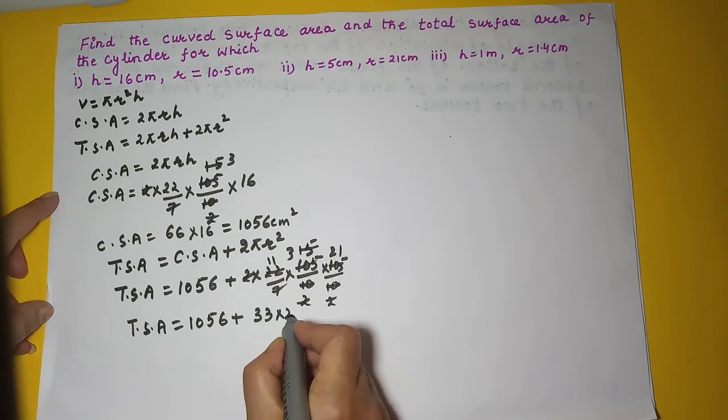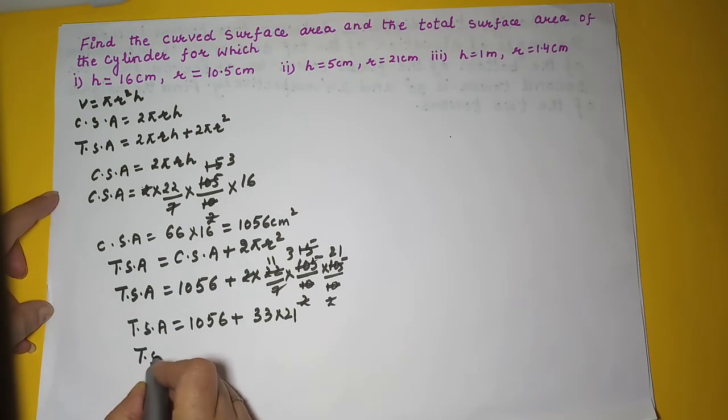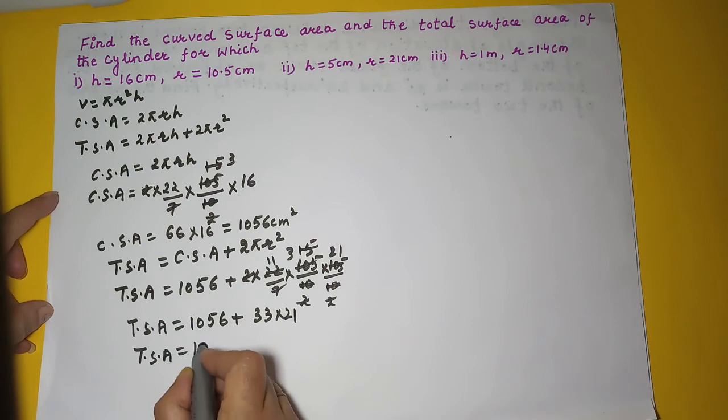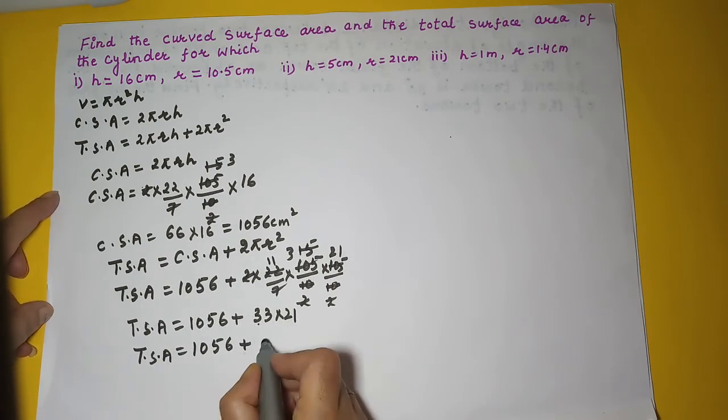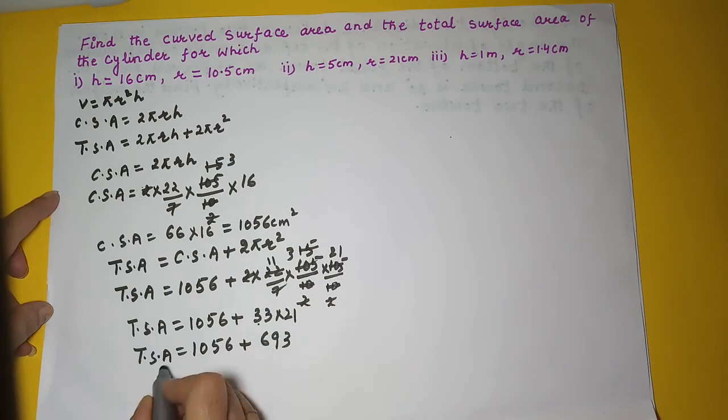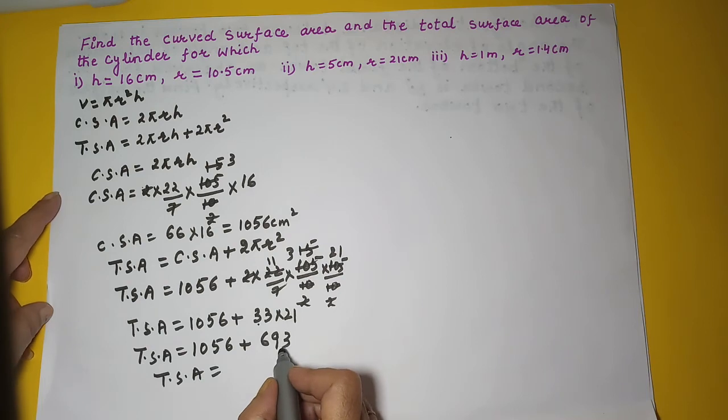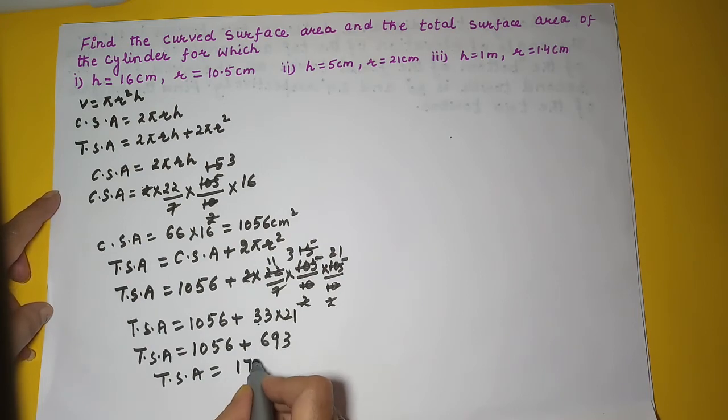So your total surface area becomes 1056 plus 693. So total surface area is equal to 1056 plus 693 is 1749 meter square.